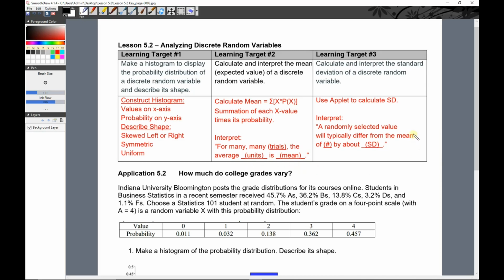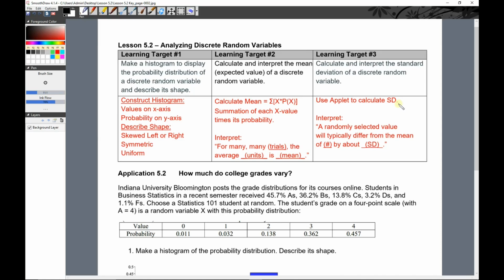Now, learning target number 3 is to calculate and interpret the standard deviation of a discrete random variable. It says here, use the applet to calculate the standard deviation. I don't think you can use the applet on a test or a quiz, so I'm going to show you how to do it on the TI Nspire.